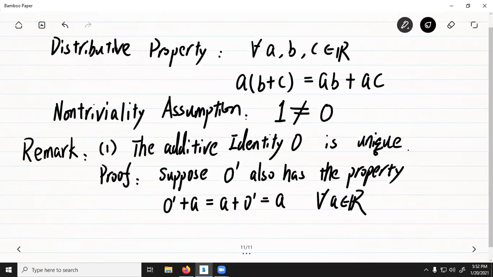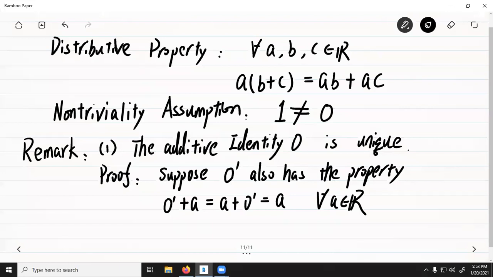So we assume this 0 prime is an arbitrary additive identity. We want to show that this 0 prime must be the 0. This 0 we already know exists, from the additive identity axiom. Now we have another one, 0 prime. If we can prove this 0 prime must be this 0, then we are done.